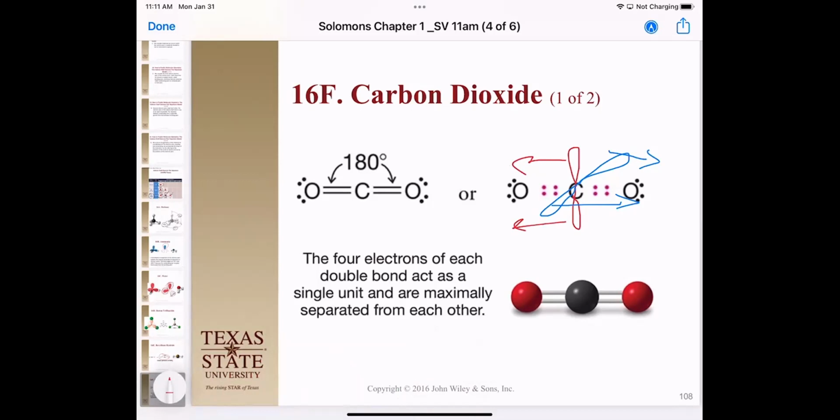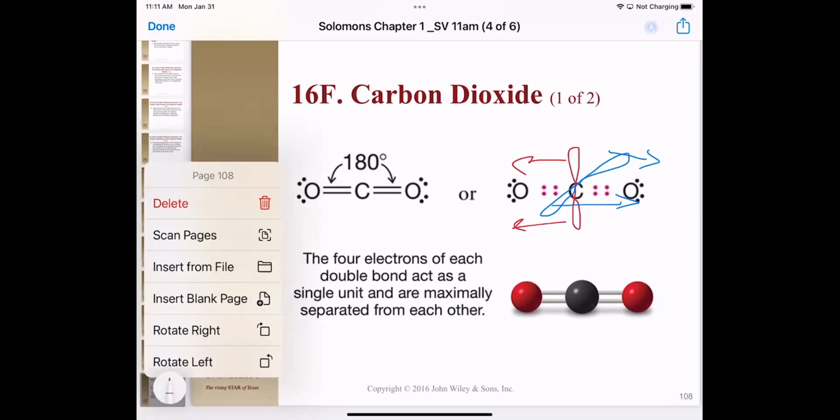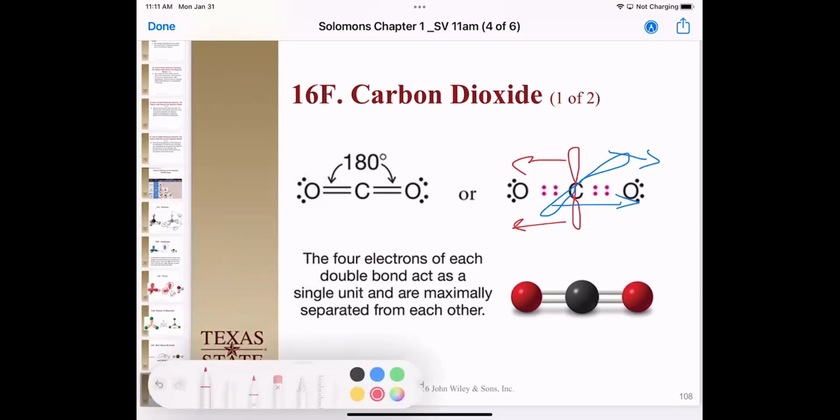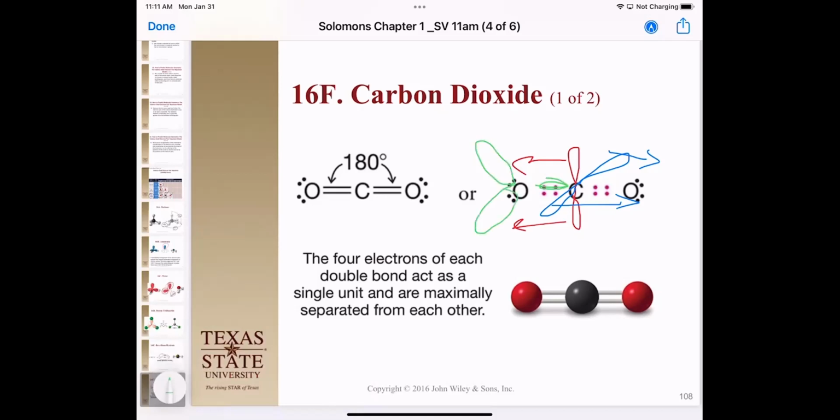So what does that mean about the hybridization on oxygen here? How many p orbitals must it have to bond to carbon? The oxygen is hybridized as sp2. Do we see why? There's one p orbital that's making a pi bond with carbon on one side. The other oxygen is doing the exact same thing. That means that there are 3 electronic zones: the sigma bond here, this lone pair here, and this lone pair here.